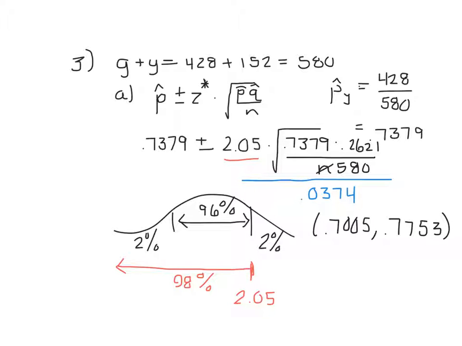So we basically can say that we're 96% certain that the true percentage of yellow peas in the population of all peas is somewhere between 70.05% and 77.53%. Okay, so now I'm looking at my work, and I now see that, no, I'm the one that goofed, not your professor. There were 152 yellow peas, not 428. I used the green. Must be too early in the morning.